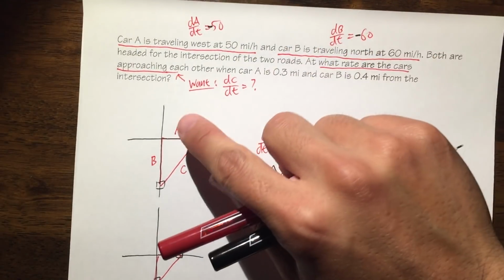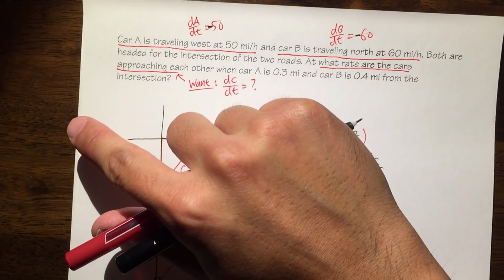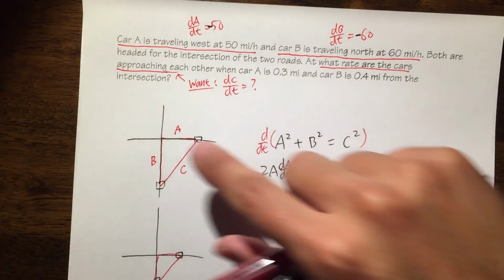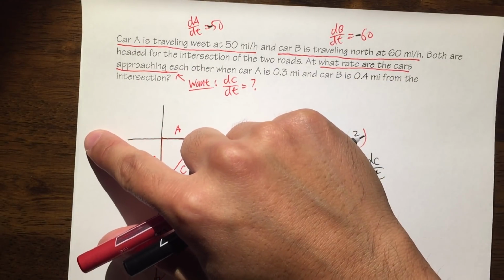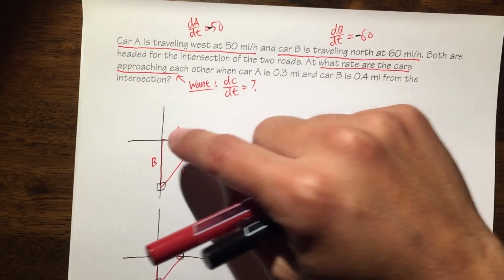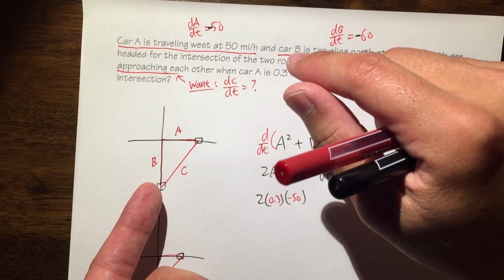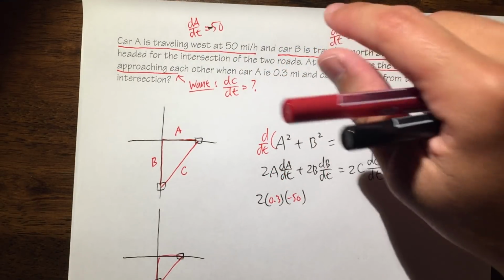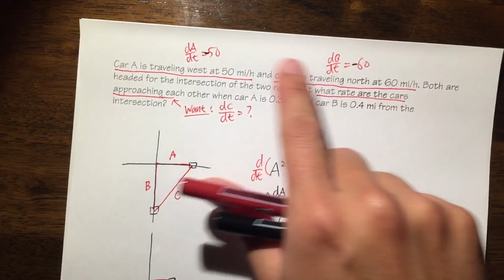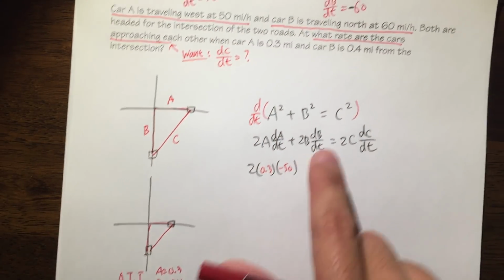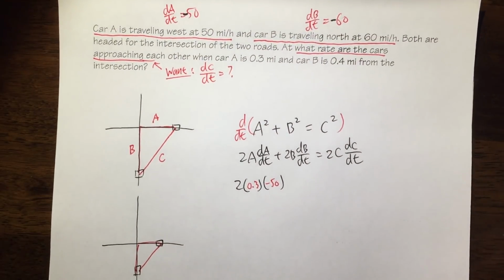If, for example, A is going away from the intersection, while B is going toward the intersection, then in that case, the dA/dt will be positive, and then the dB/dt will be negative. So you really have to pay attention if the rates are positive or negative.